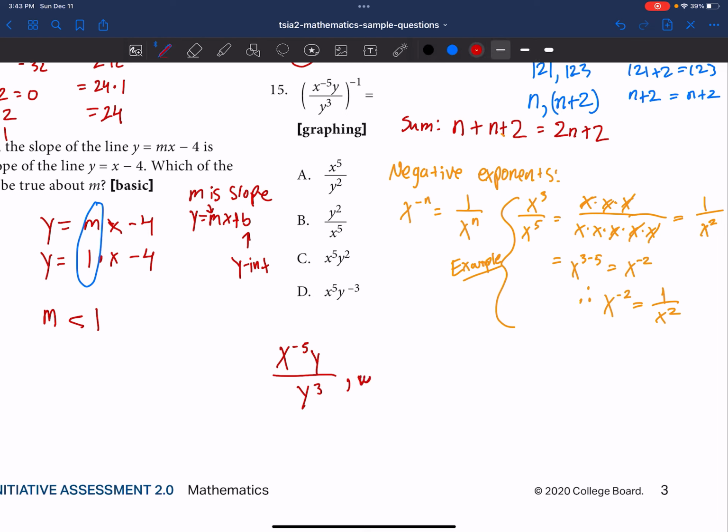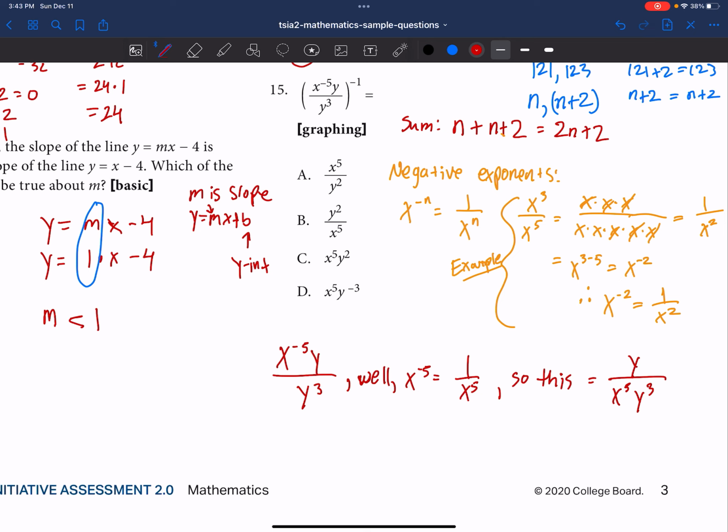Well, x to the negative 5 is equal to 1 over x to the 5th. So this equals y over x to the 5th y cubed.